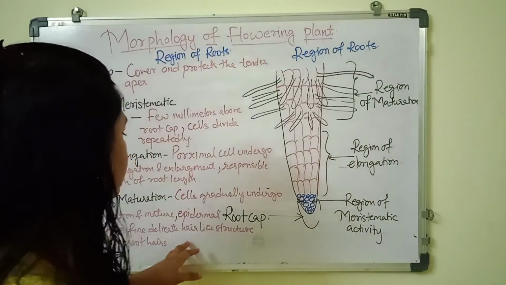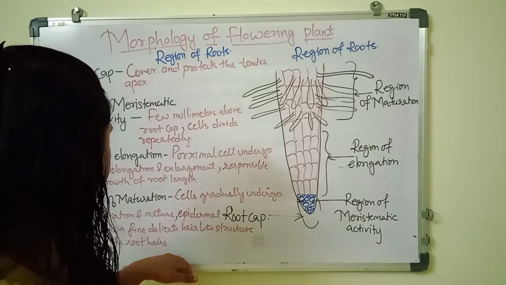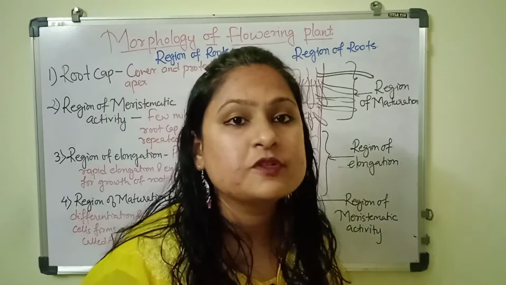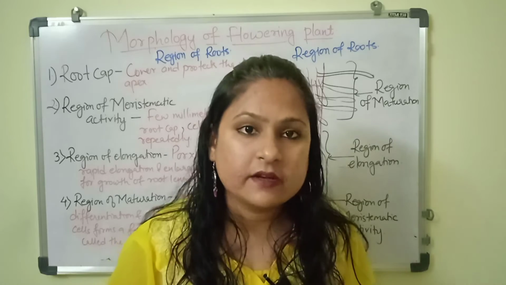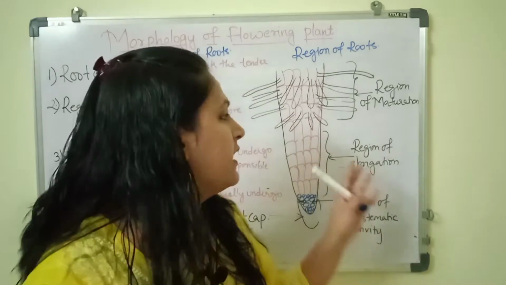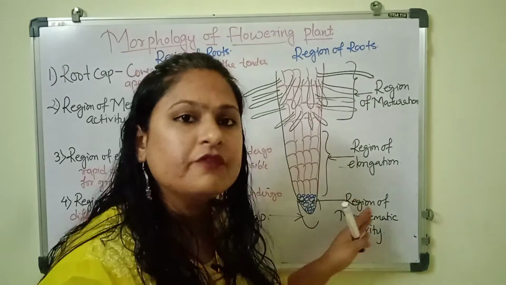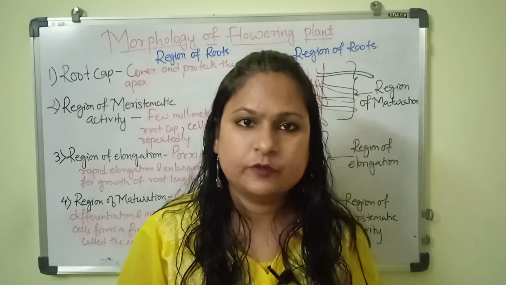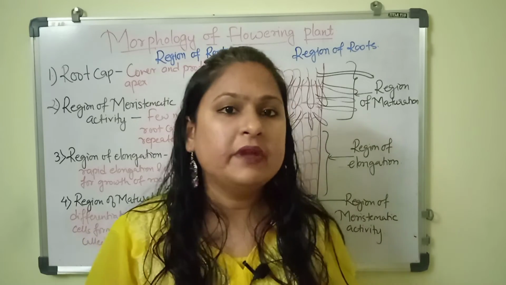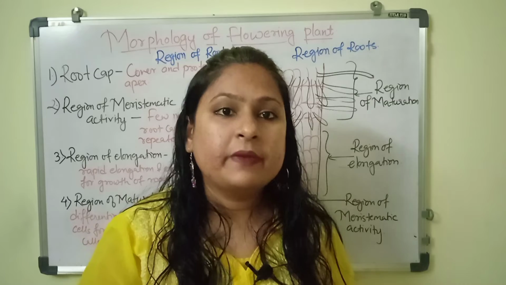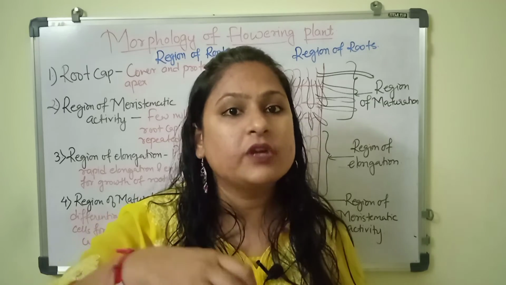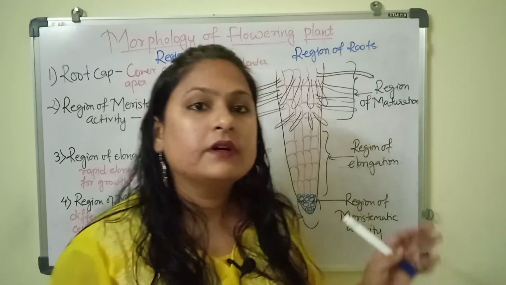They are for the absorption of water and minerals, and they increase the surface area. The function of the root is the absorption of water and minerals and giving support to the plant, that is anchorage.